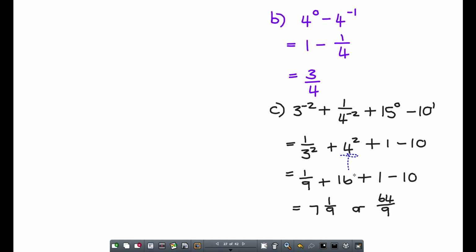But do we have to write over 1? No. So that's why I just write it like this. Then 15 to the power of 0 will be 1. Remember, anything to the power of 0 is 1. Okay, so now I can simplify. That 1 over 3 to the power of 2 is the same as 1 over 9. 4 squared is 16. And now if I add all of these up, I'm going to get 7 and 1/9, or if you wrote it as an improper fraction, 64 over 9.